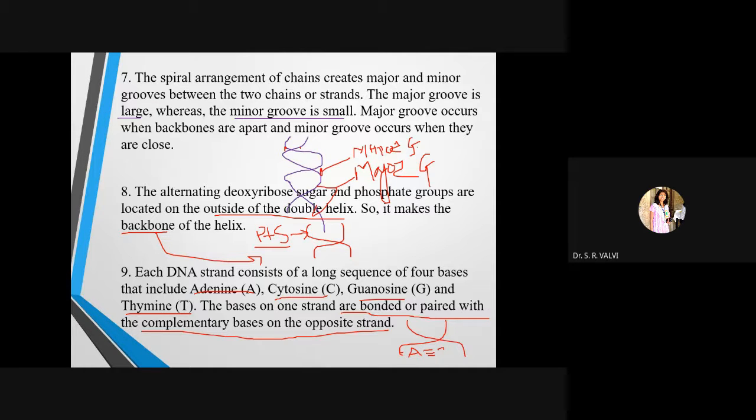So this thymine is the complementary base pair. In detail, I will explain in my coming slide how the nitrogenous bases pair with each other and with how many bonds, but just remember the bases on one strand are paired with the complementary bases on the opposite strand.